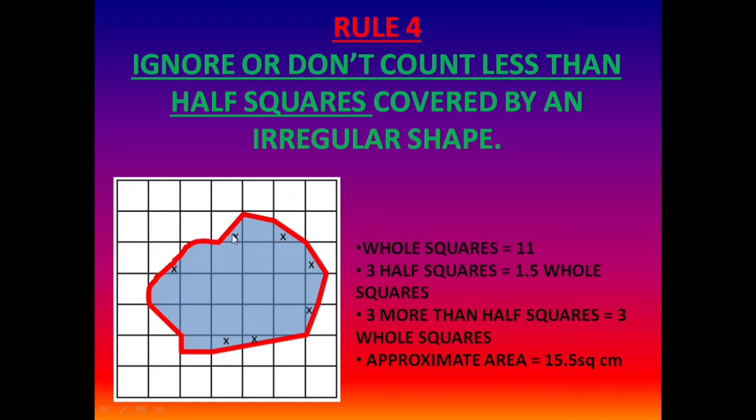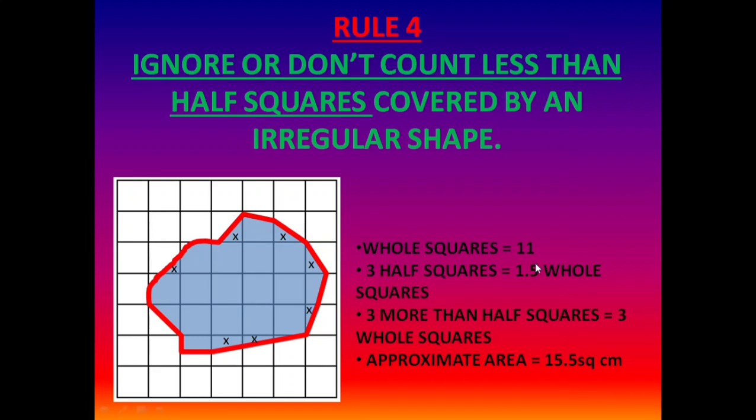If we observe closely, children, here the part which is within this irregular shape is less than half in all the cases. So according to the rule, such squares should not be counted. So we'll ignore them.